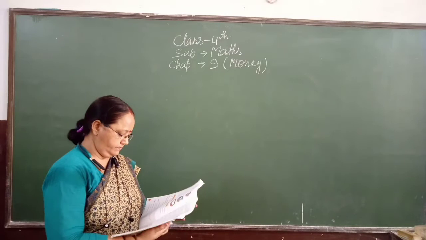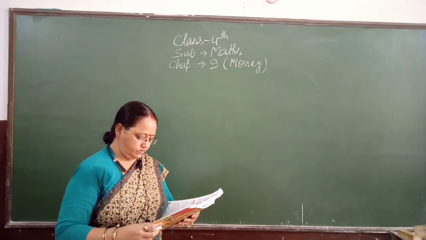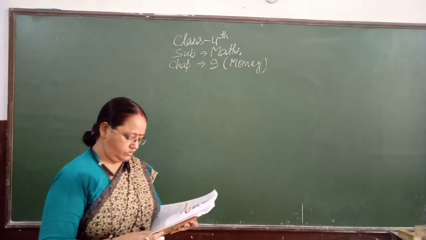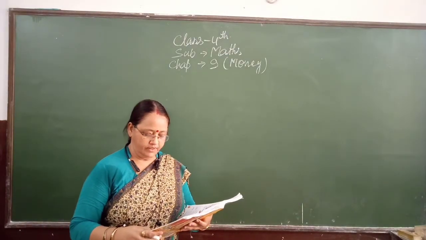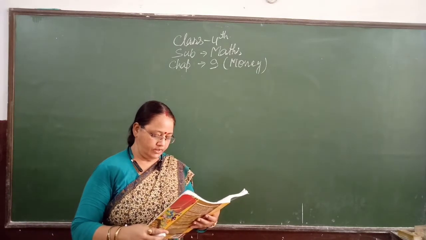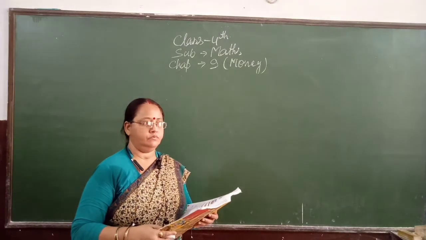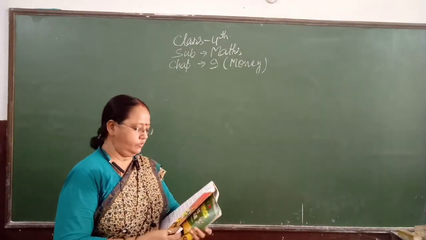Next question says, Aryan bought 7 kg sugar for rupees 224. What is the cost of 1 kg sugar? Here cost of 7 kg sugar is given. We have to find out the cost of 1 kg sugar. So we have to divide it.